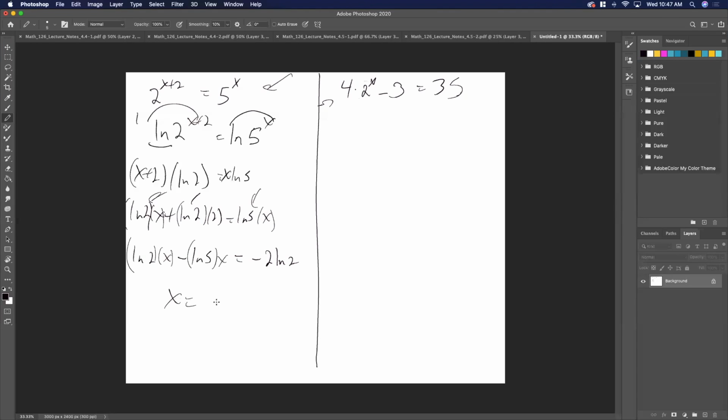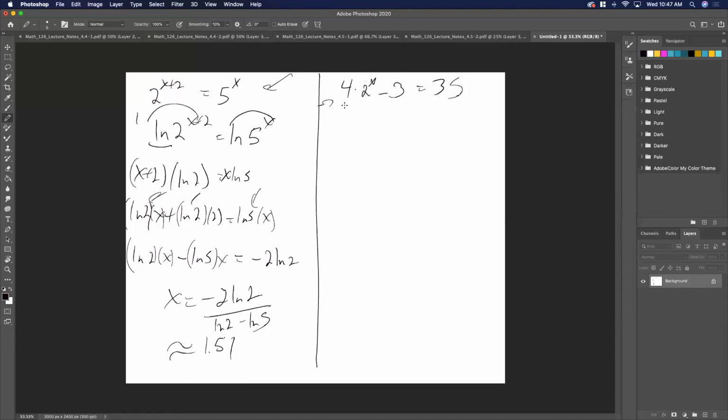That gives me x equals minus 2 ln of 2 divided by ln of 2 minus ln of 5. And if you crunch this through a calculator, you get approximately 1.151. Okay. This is a negative number, which will cancel this negative number, and so that's where it comes from. So that's how you do any of these problems, is you just pop out the exponents and then solve through.